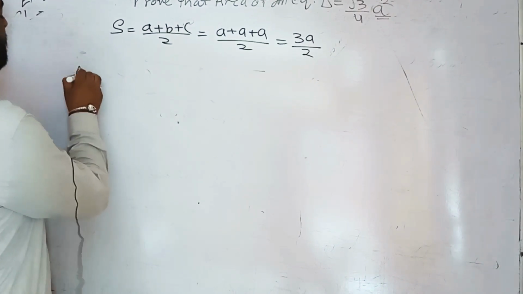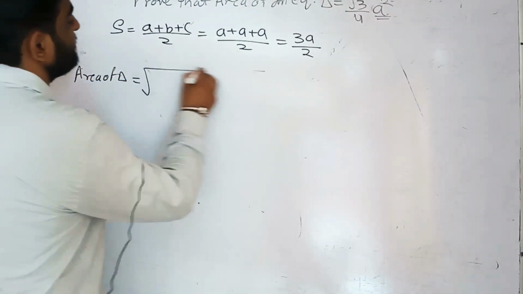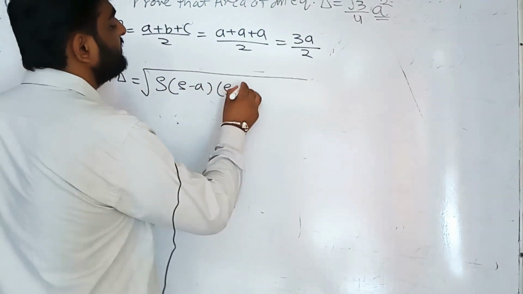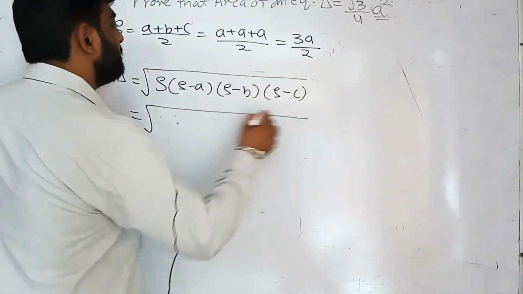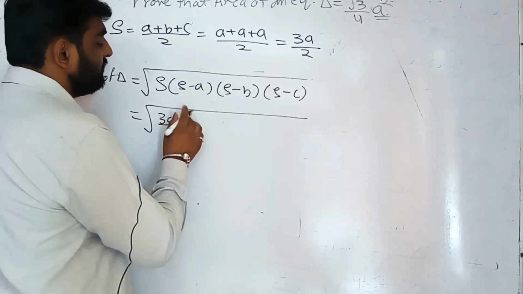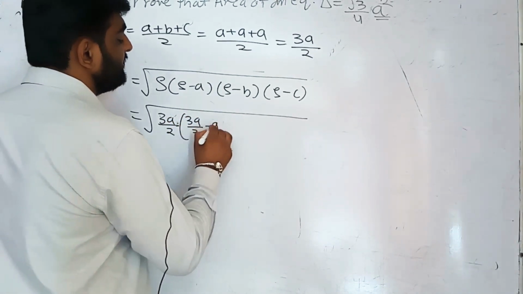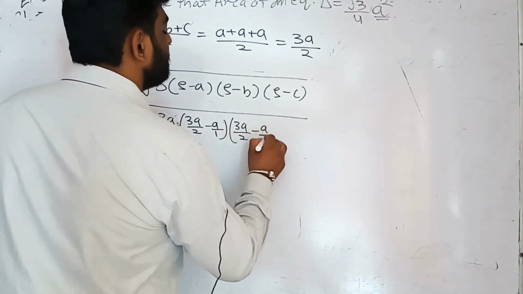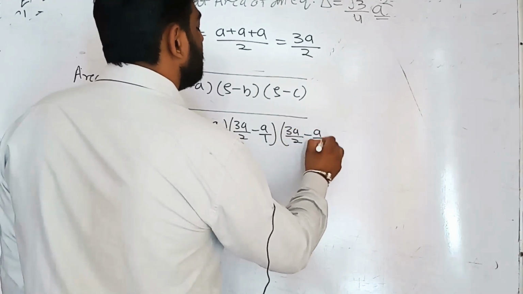The area of the triangle is under root s into s minus a, s minus b and s minus c. Putting s as 3a upon 2, s minus a is 3a upon 2 minus a upon 1.